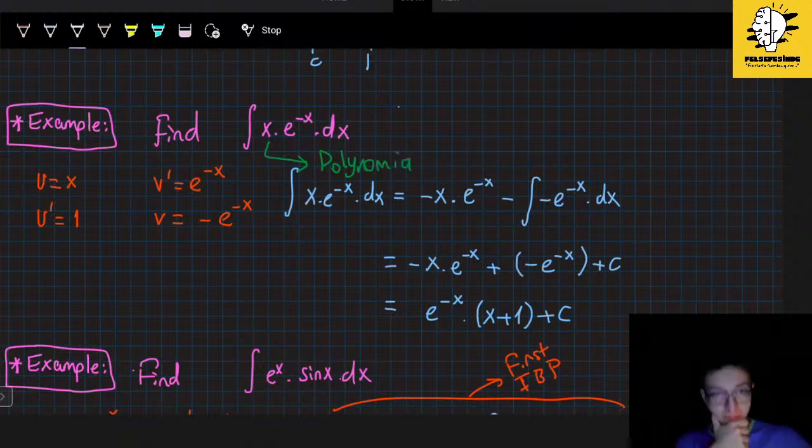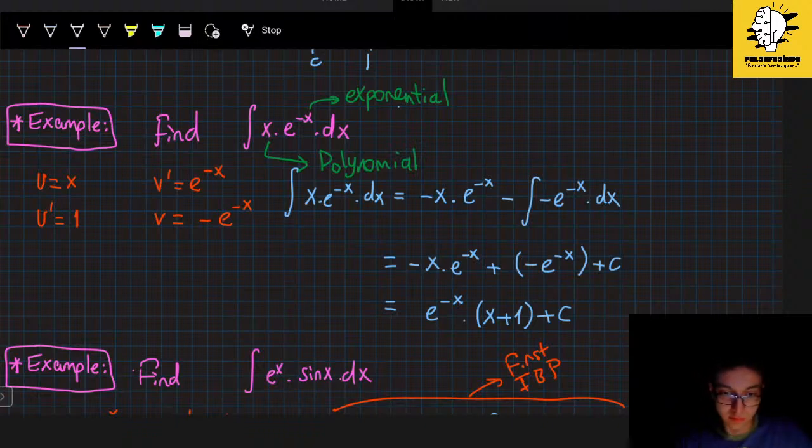So we will assign x to u, and then v prime will be e to the power of minus x. If you look at the formula, on the left-hand side we have u times v prime over dx, so we are putting v prime equal to e to the power of minus x.